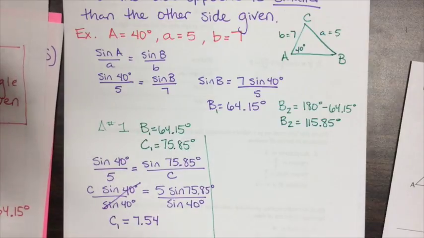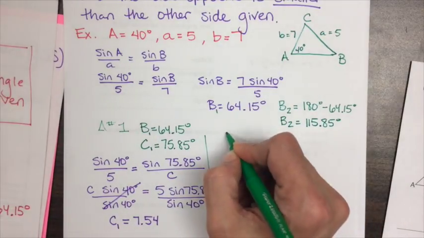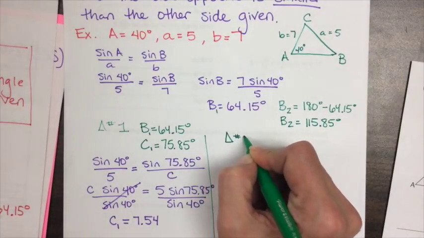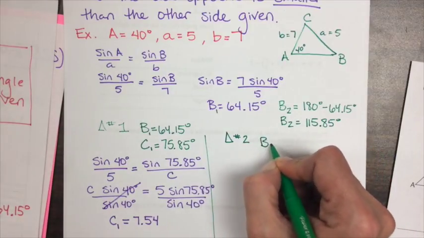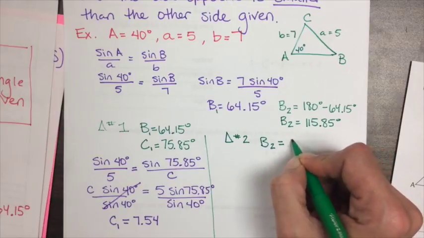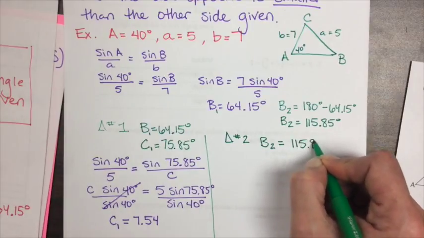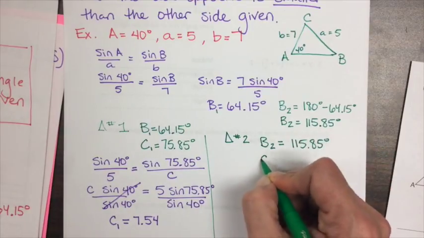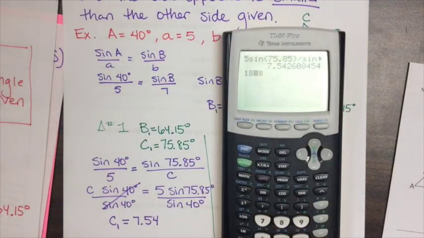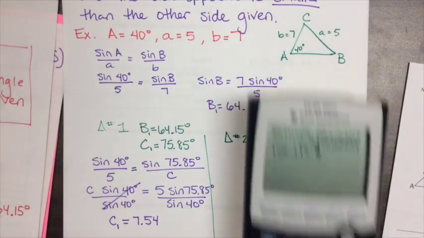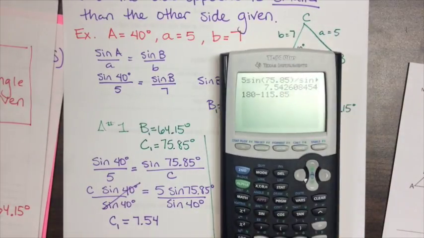Triangle 2 has angle B, we're going to call it B2, equaling 115.85 degrees, which means that C2 equals 180 minus 115.85 minus A, which is 40.